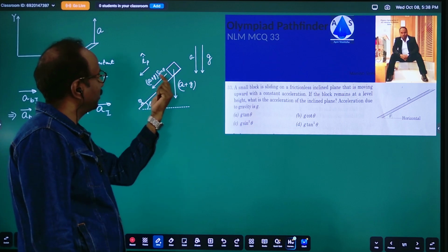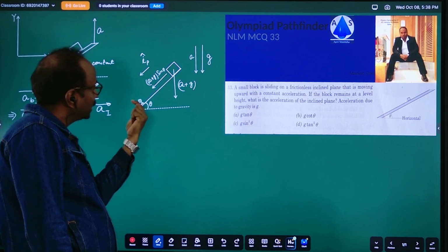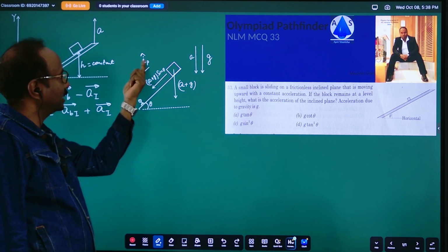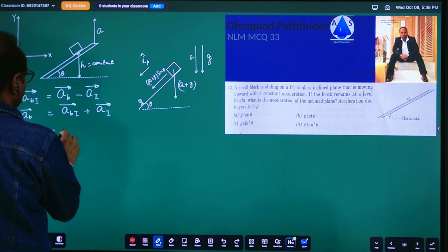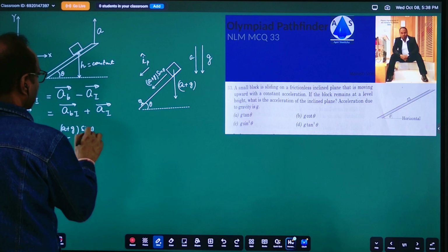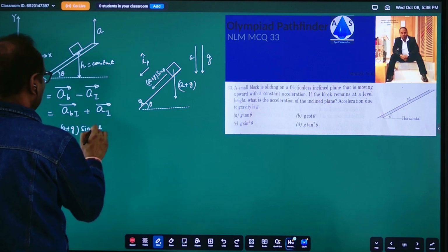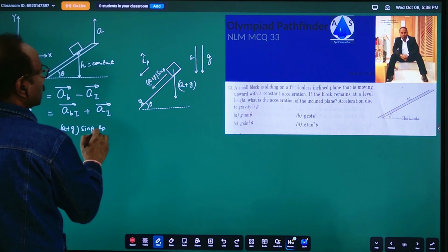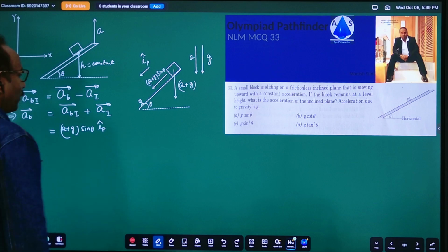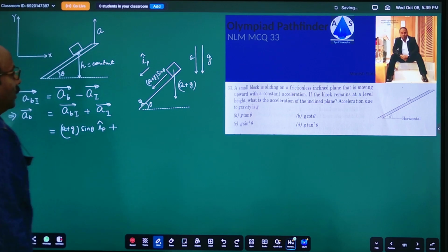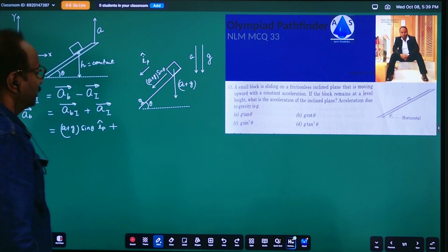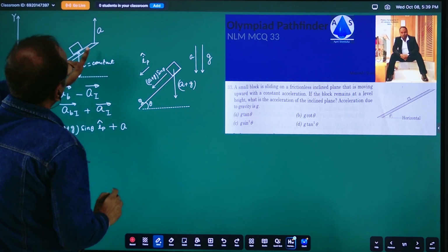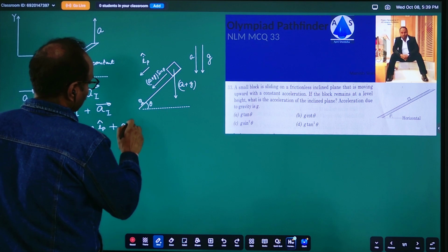This observer is seeing that the block is coming with (g plus a) sine theta acceleration in this direction, that is in the inclined plane direction. So you can replace this with (a plus g) sine theta. The acceleration of the inclined plane with respect to the ground is upward with magnitude a, and this direction we have taken as the y-axis, so j cap.